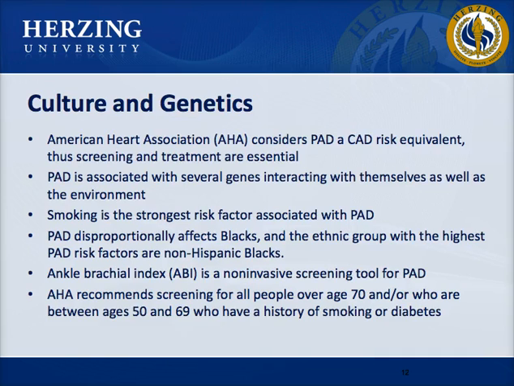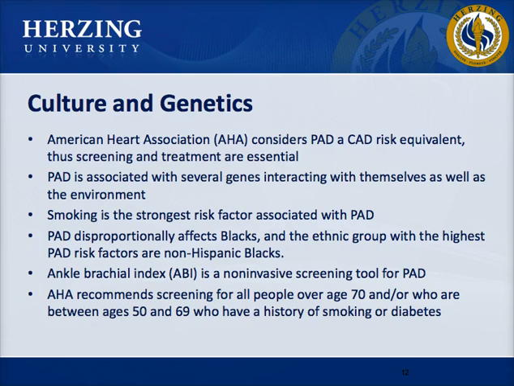As far as culture and genetics, the American Heart Association considers peripheral arterial disease and coronary arterial disease risk equivalent, thus screening and treatment are essential. Peripheral arterial disease is associated with several genes interacting with themselves as well as the environment. Smoking is the strongest risk factor associated with peripheral arterial disease.